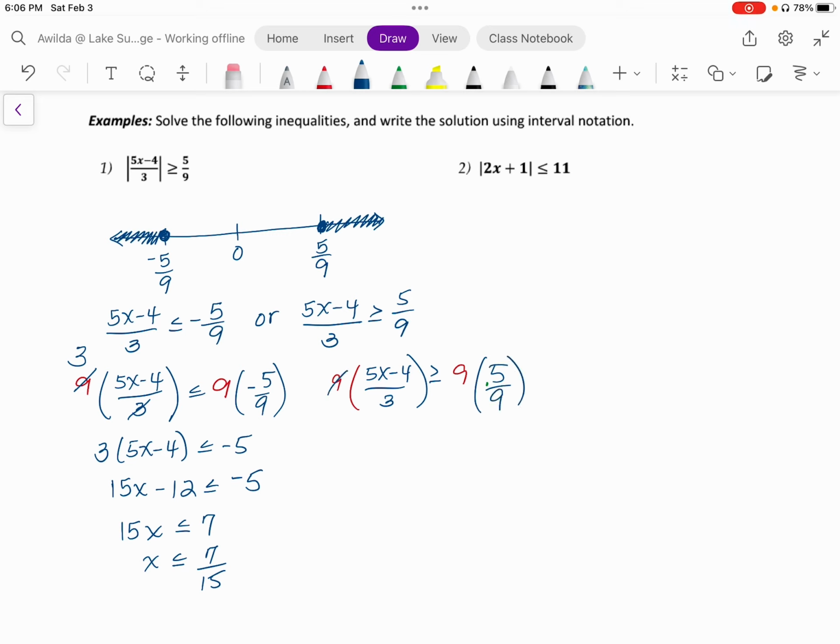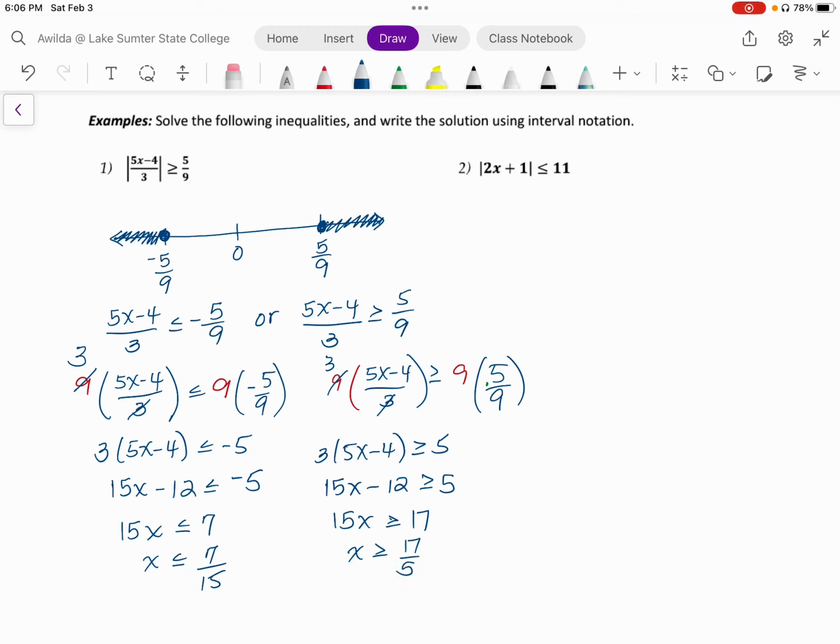And this simplifies to 3 times 5x minus 4 is greater than or equal to positive 5, or 15x minus 12 is greater than or equal to 5. If we add 12 to both sides, we get that 15x is greater than or equal to 17. Dividing both sides by 15, we get that x is greater than or equal to 17 over 15.